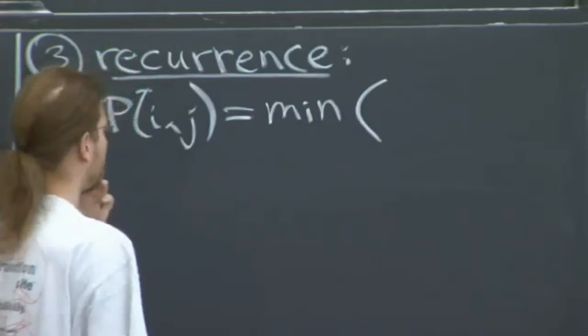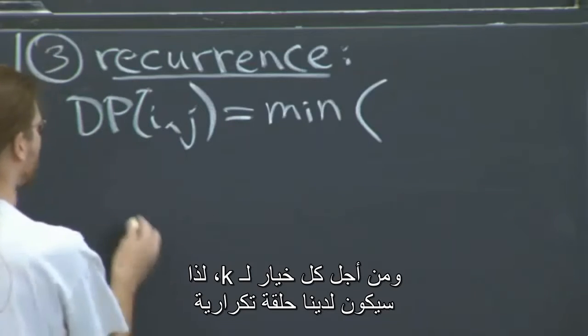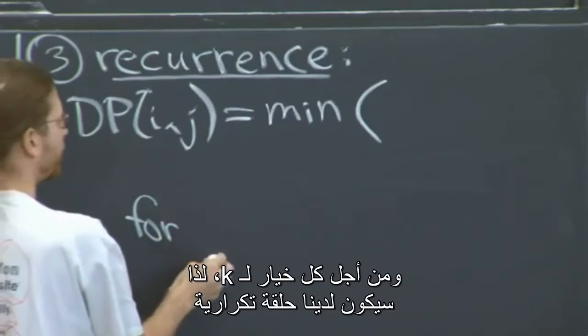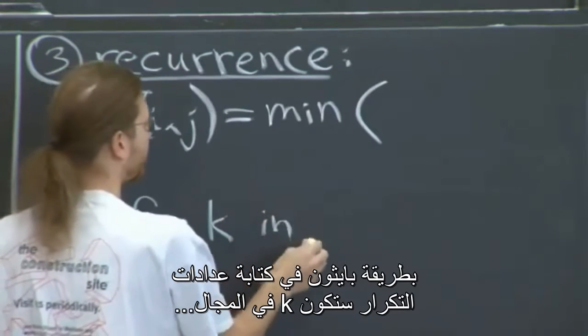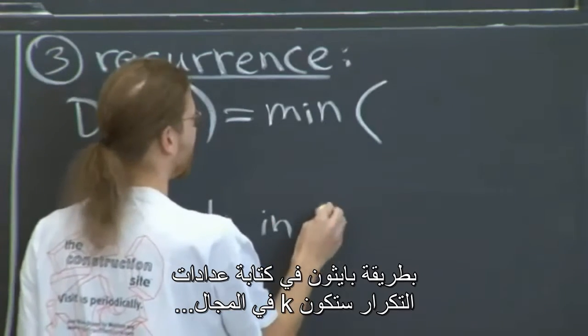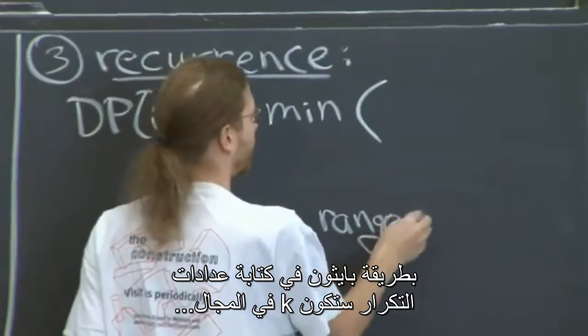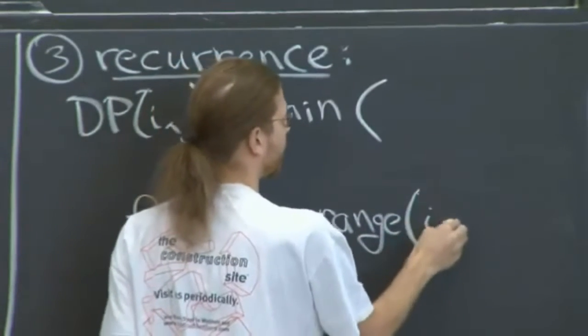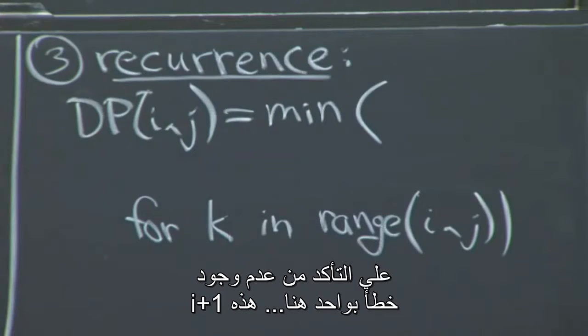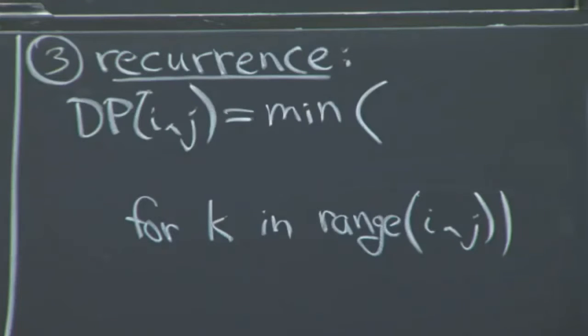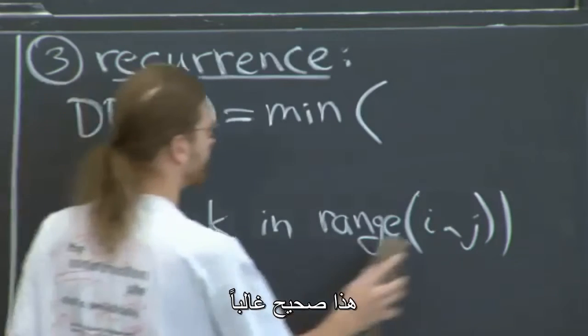And for each choice of k, so there's going to be a for loop, I'm going to use Python notation here with iterators. So k is going to be in the range, I think range ij is correct. I'm going to double check there's no off by ones here. It says i plus 1, j. I think that's probably right.